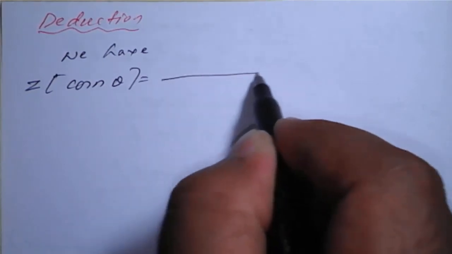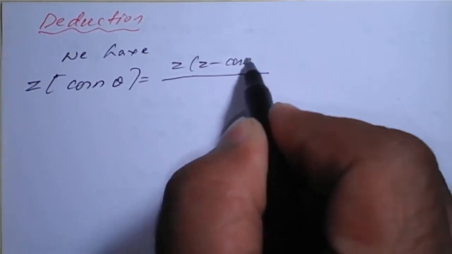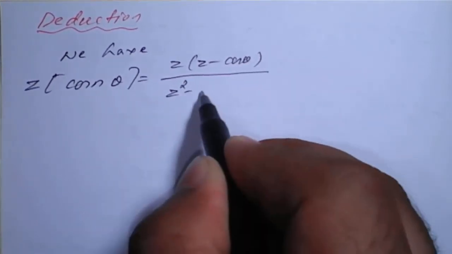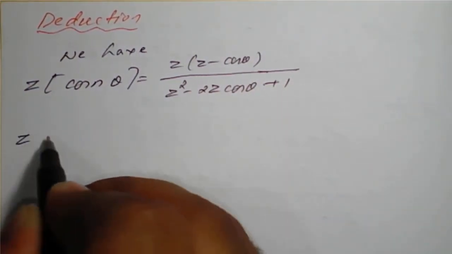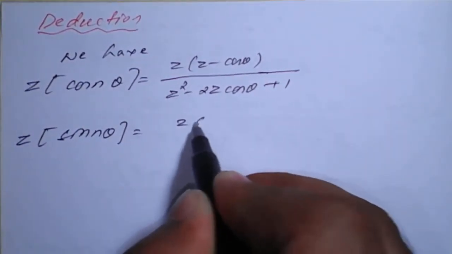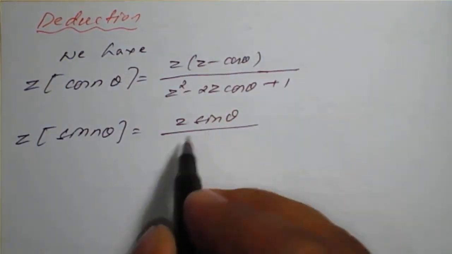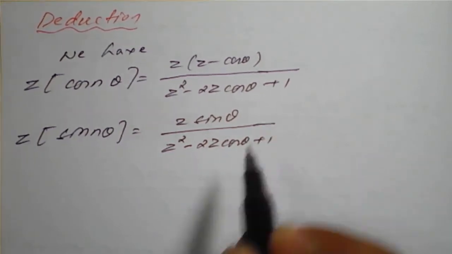So for the deduction part, we already have the formula: the Z transform of cos n theta is z into (z minus cos theta) divided by z square minus 2z cos theta plus 1, and the Z transform of sin n theta is z sin theta divided by z square minus 2z cos theta plus 1.